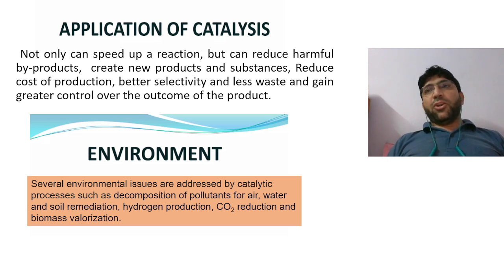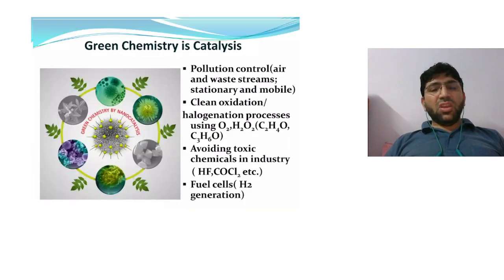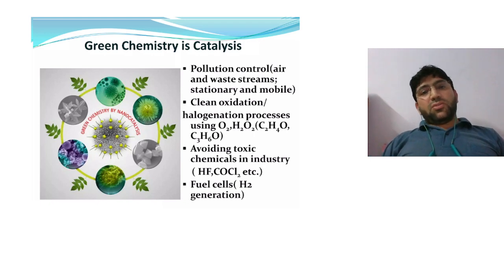Similarly, for hydrogen production, carbon dioxide reduction, and biomass volatilization, we can use a catalyst in these processes in the environment. In green chemistry, the catalyst plays a very important role because we can have different types of catalysts where we can carry out the reactions in which we have less toxic or nil toxic substances.